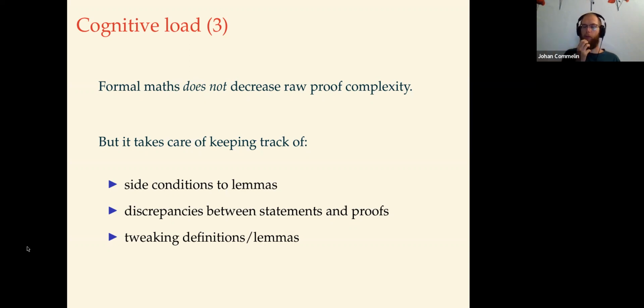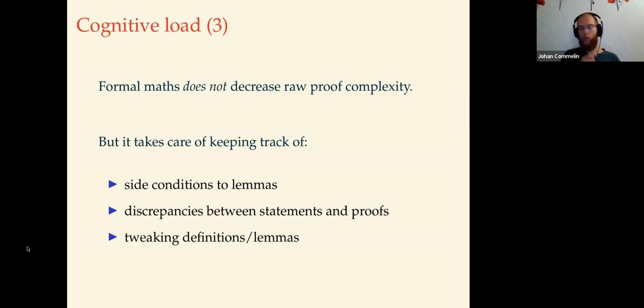And if there are discrepancies between statements and proofs, then the computer will be unhappy about this. So you need to actually make the statement stronger. And you can easily do that by editing the lemma statement, and then the computer will make sure that now it actually aligns with what the proof does and with how you're trying to apply the lemma.